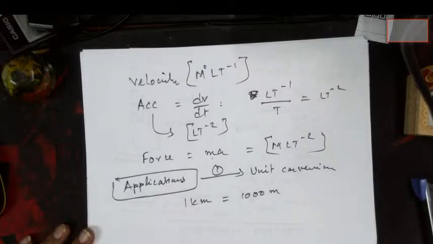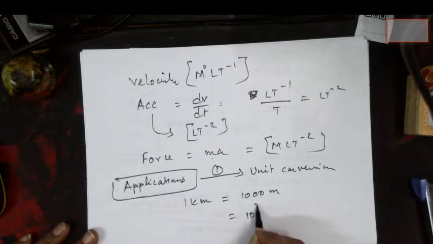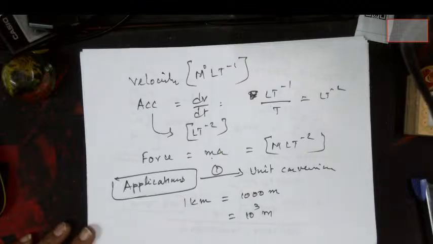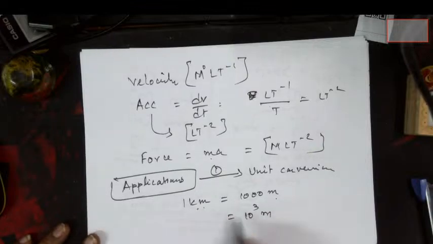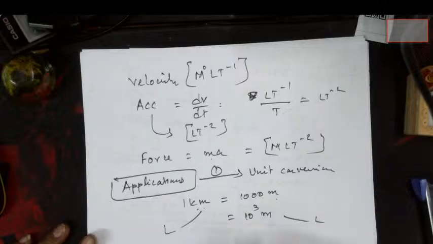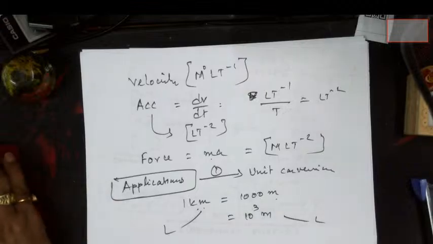This 1000 can also be represented as 10 cube meter. Okay, so both of them are the length parameters only. This is also length, this is also length.